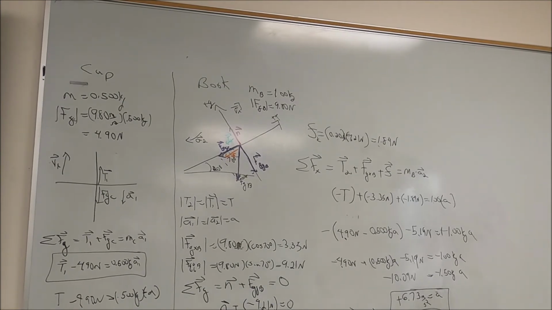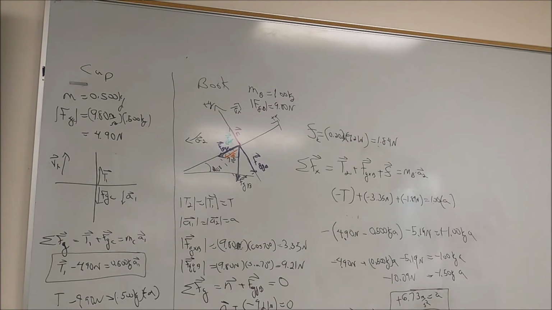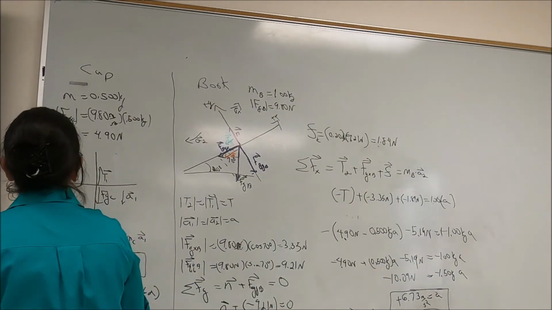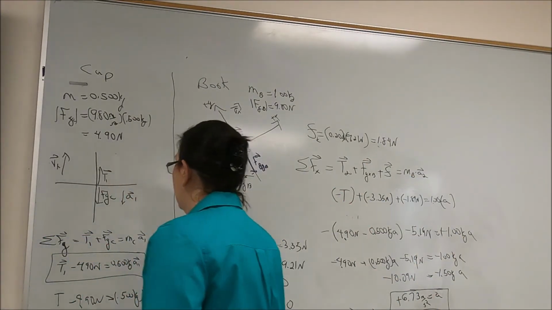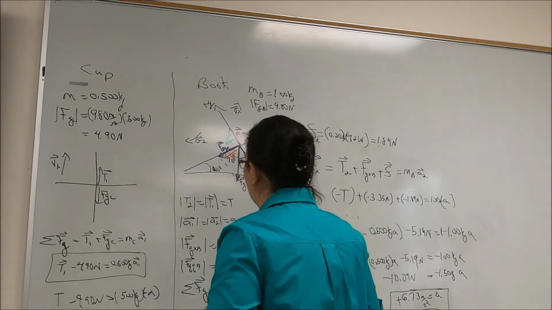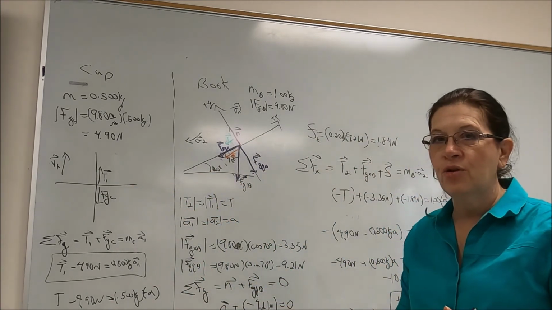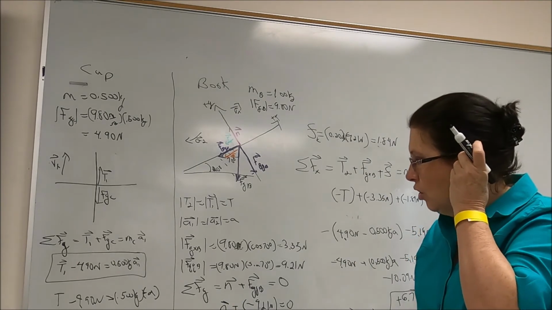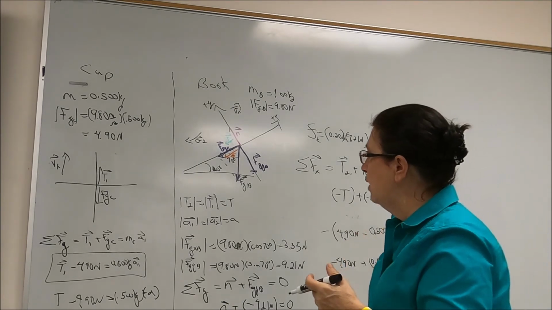Okay. Now, we've got part A done. But now it asks me about part B. It says, when it gets to its highest point, does the book stick? Okay? Now, what we need to ask ourselves is, what kind of frictional force do I need to hold the book in equilibrium?